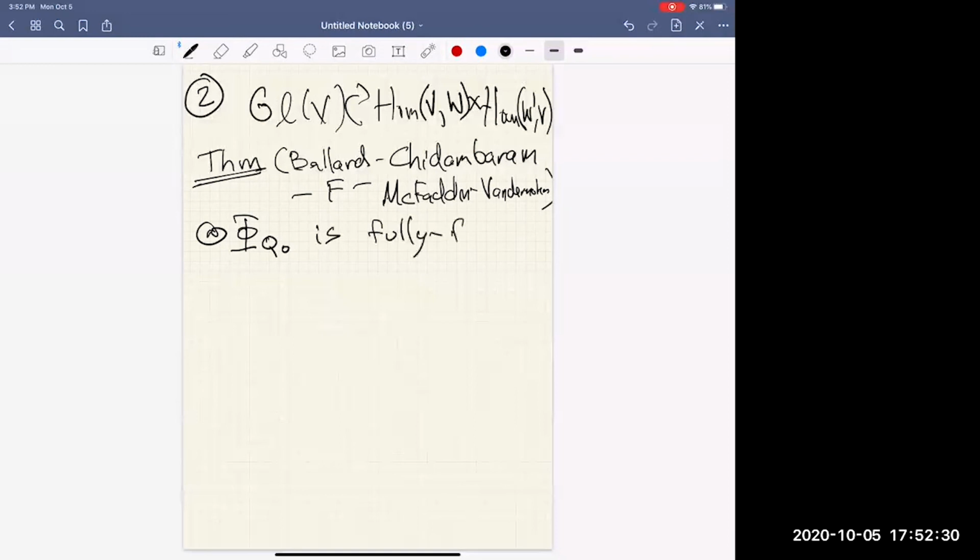I haven't entirely told you what Q naught is in this case, but it's constructed similarly, just using the compactification of GLV by NV.